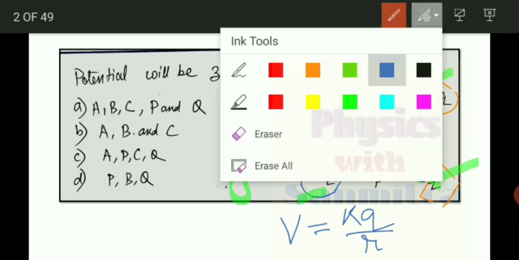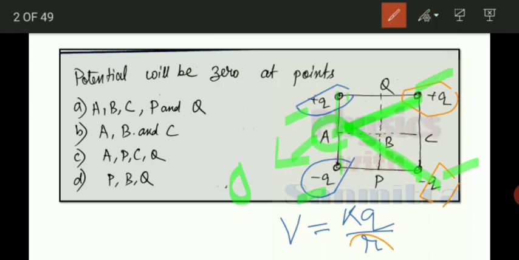If this r is the same, then V is proportional to q only. Potential is a scalar quantity, so we can add them. Plus q and minus q gives 0, and this plus q and minus q will give 0 because these two distances are the same and these two are the same. So for A, my potential is 0.